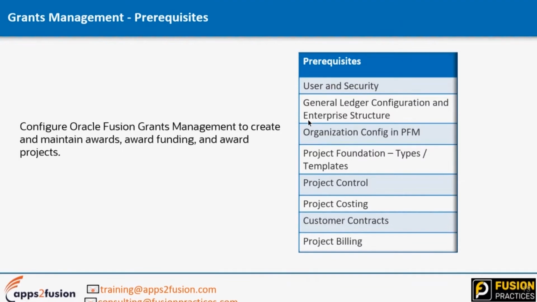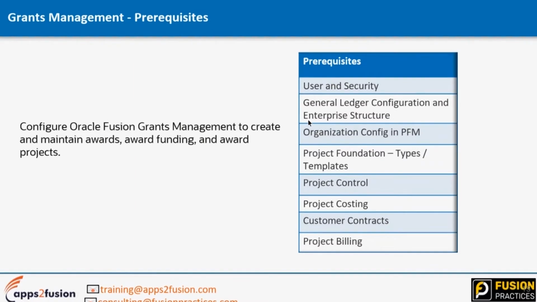Then we have something called project foundation. We have to create templates, types, and some control setup before we move to grants. We have to do something on the costing side, saying how the cost will be imported to projects and what all systems can be involved. If there is any Excel integration required, we have to configure that. Since grants management always works with sponsors who are giving the fund, we have to configure the customers and the customer contract.